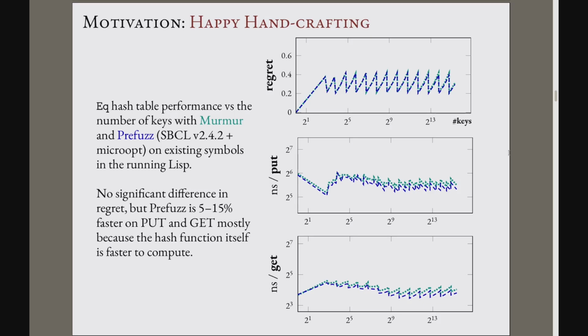In this case, there is not much structure in the key distribution. This is purely down to prefuzz being a simpler, faster to run hash function. So this is considered a reasonable gain, 10%.